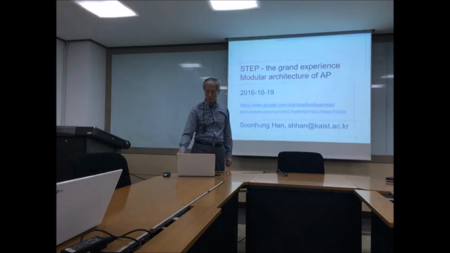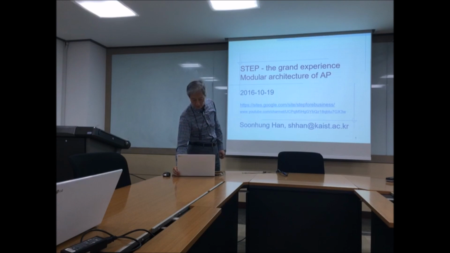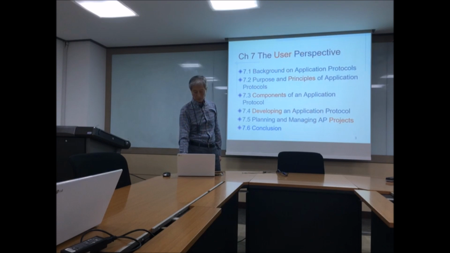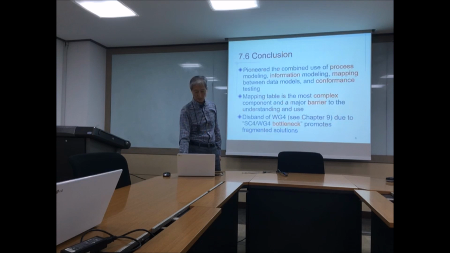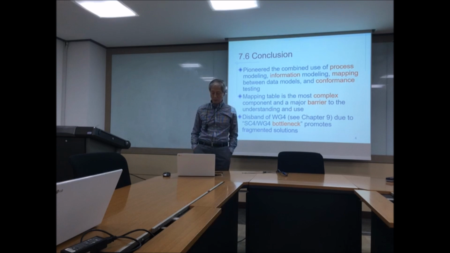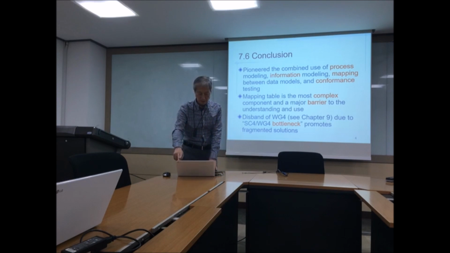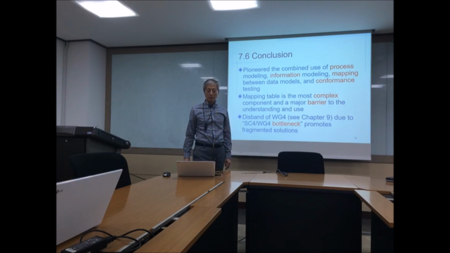So I'm trying to finish up the final section of AP, Chapter 7. This is only for conclusion, but I expanded it to show the modular architecture. So this AP pioneered the combined use of process modeling, information modeling, mapping between data models, and conformance testing all together to develop AP.